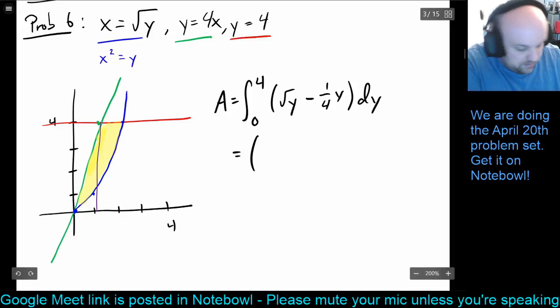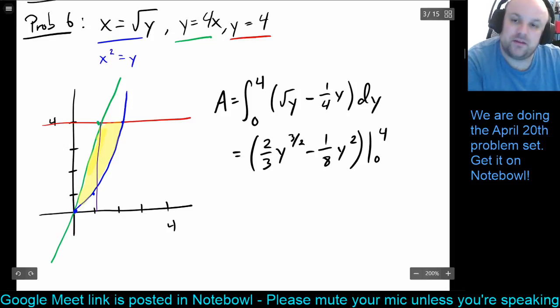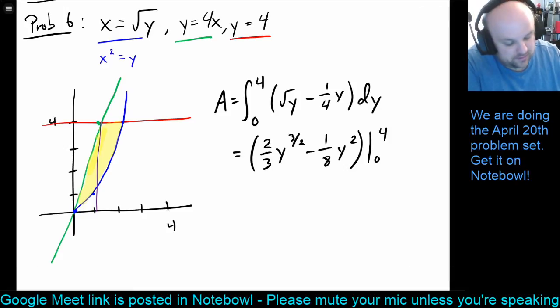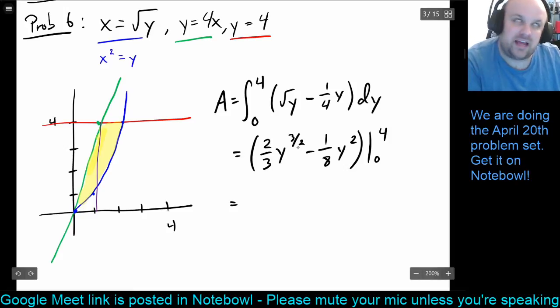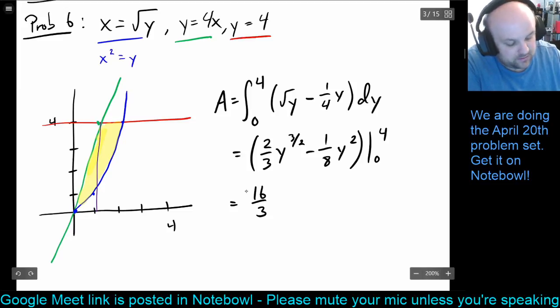So compute this integral. It's going to be 2/3 y to the 3/2 minus 1/8 y squared from 0 to 4. All right, so let's go ahead and do this. 4 to the 3/2 power is 8. So this is 16/3.